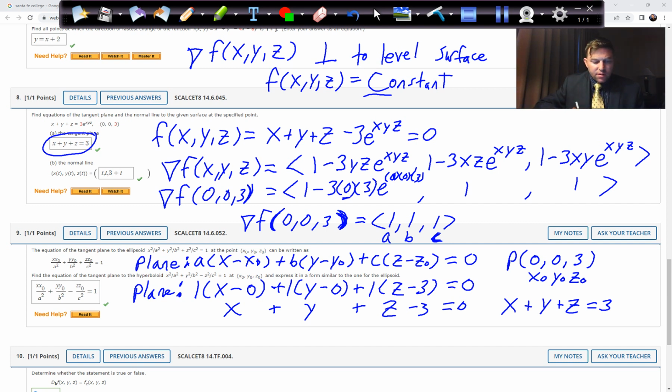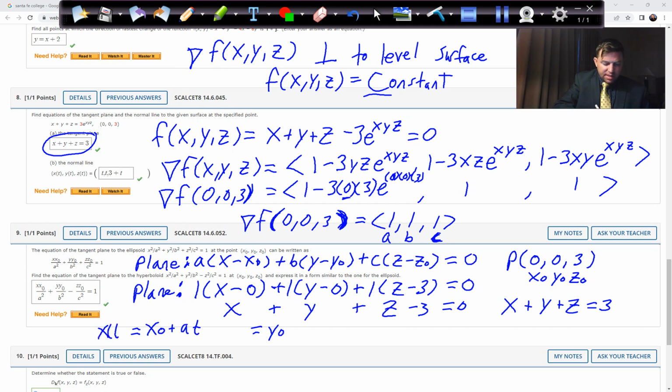Okay, now we want to find the normal line, and we're going to use parametric form. So we're going to have x as a function of t, y as a function of t, and z as a function of t. Well, the form for that, if you recall when we did parametric lines, was x is equal to x0 plus at, y was equal to y0, and I should say, don't let me be sloppy with the way we write this.